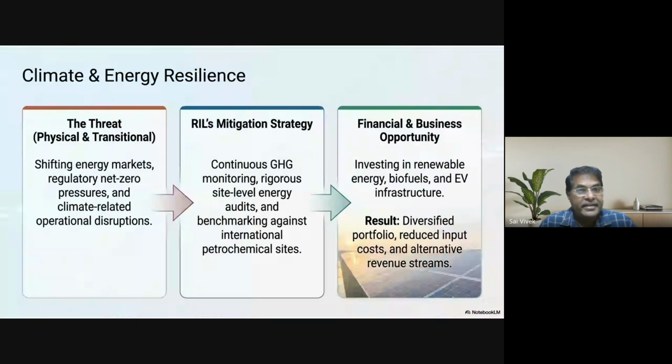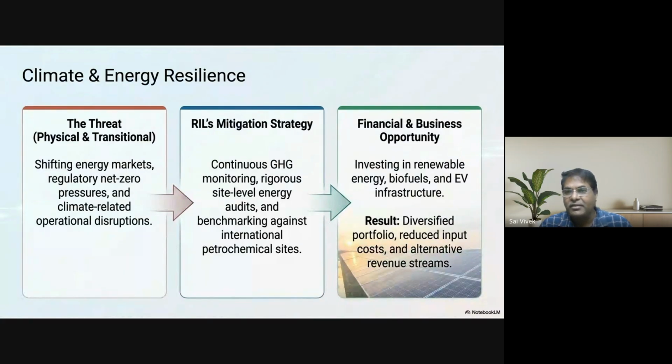So climate and energy resilience: there is a threat always, physical and transitional threat, net zero pressures, climate related disruptions. And how is it mitigated? Through rigorous site level energy audits and benchmarking against international petrochemical sites. These are a few mitigation measures, for example.